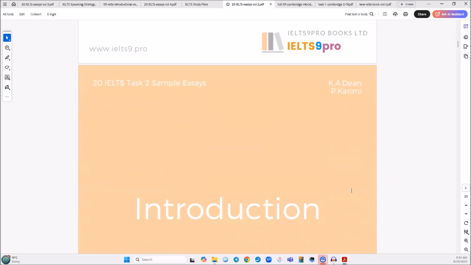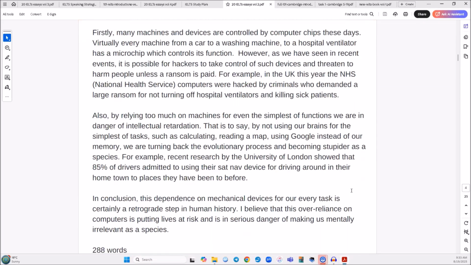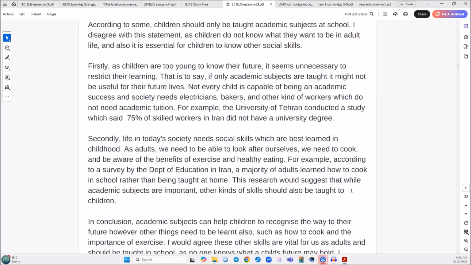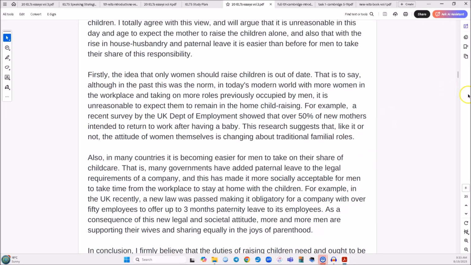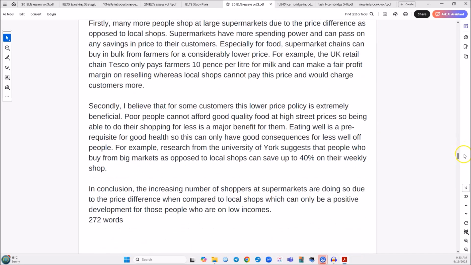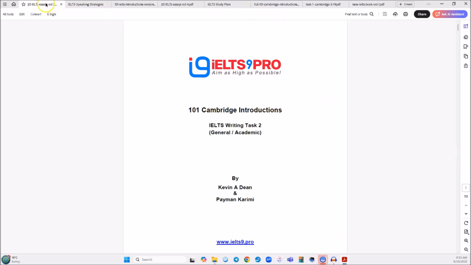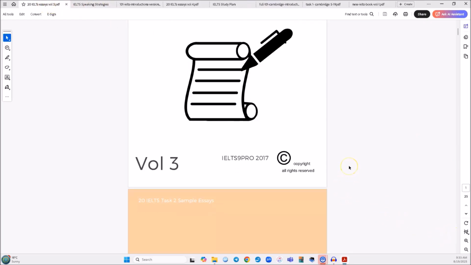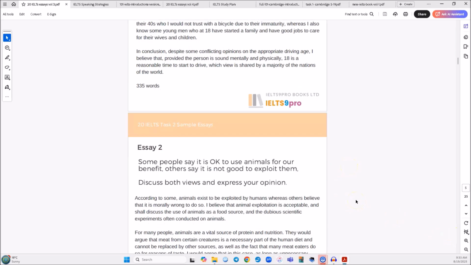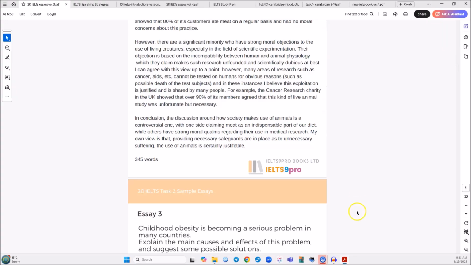So you've got sample essays again, you've got agree or disagree, let me see if there's any different essay types here. You've got, yeah, 2-part question, advantage, disadvantage, 2-part question, yeah? So you've got volume 1, volume 2, and volume 3 as well, with more sample essays, another 20 essays, all following that sentence by sentence approach that you will find in the essay structure book.